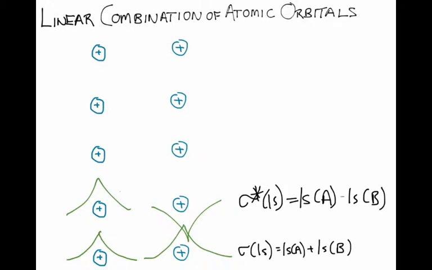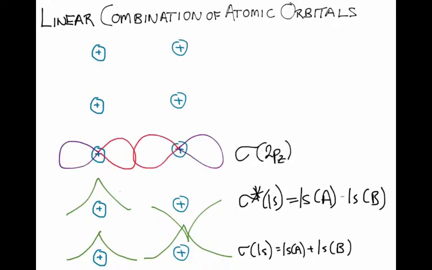Then we can do the same thing for the 2s orbital. Then we don't even worry about it. For the 2p orbital, it's a little more interesting. If the orbitals are aligned along the axis connecting the two nuclei, which is the bond, that's the z-axis, and so that's a pz orbital.